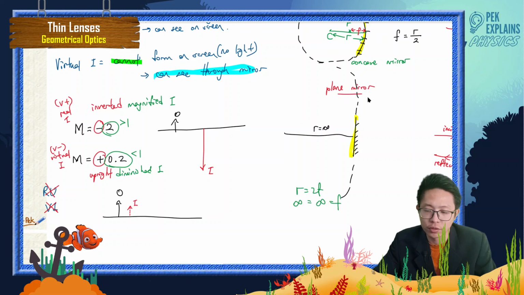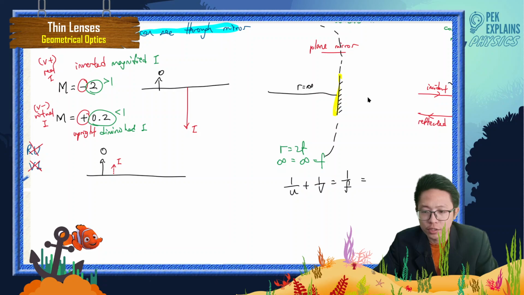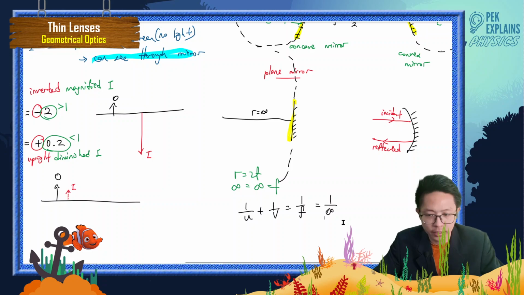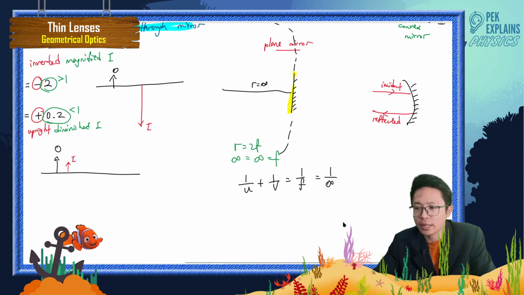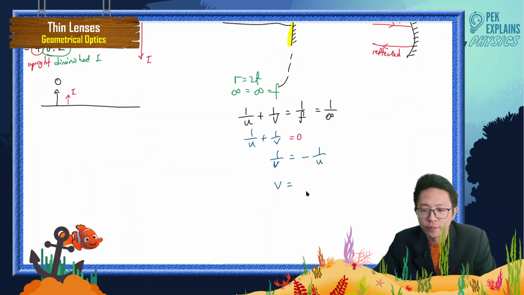So in the mirror equation, 1 over u plus 1 over v equals 1 over f, and 1 over f equals 1 over infinity, which gives 0. So 1 over u plus 1 over v equals 0, so 1 over v equals negative 1 over u. That's why you get v equals negative u.